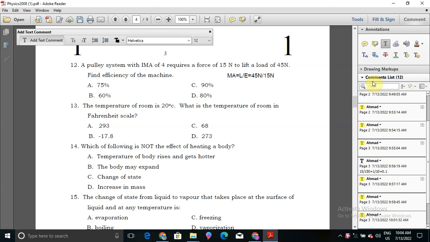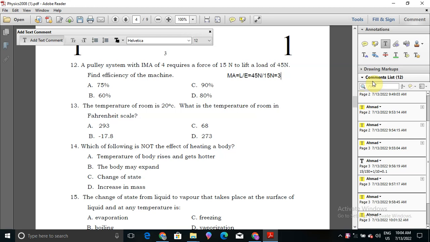Then when we simplify, it will be 3. Mechanical advantage is equal to 3.